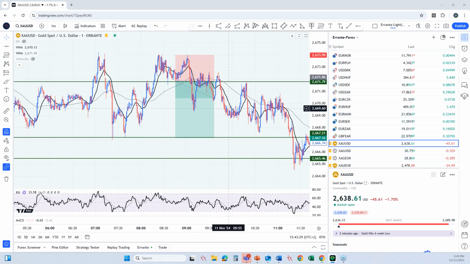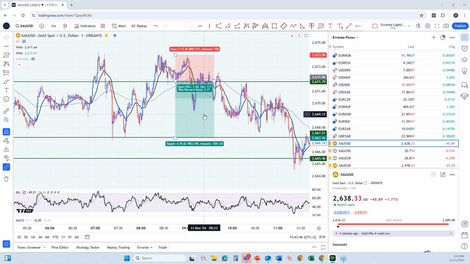So let's dive into TradingView again. First, I will show you how to create a basic trade setup. We'll begin by choosing a trading pair and identifying, for example, potential entry, stop loss, and take profit levels. You will see how easy it is to visualize where your risk lies and where your potential reward is positioned.